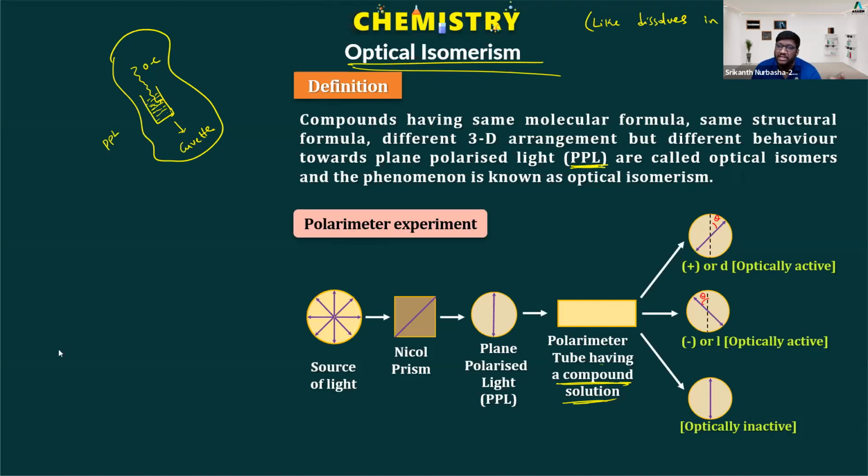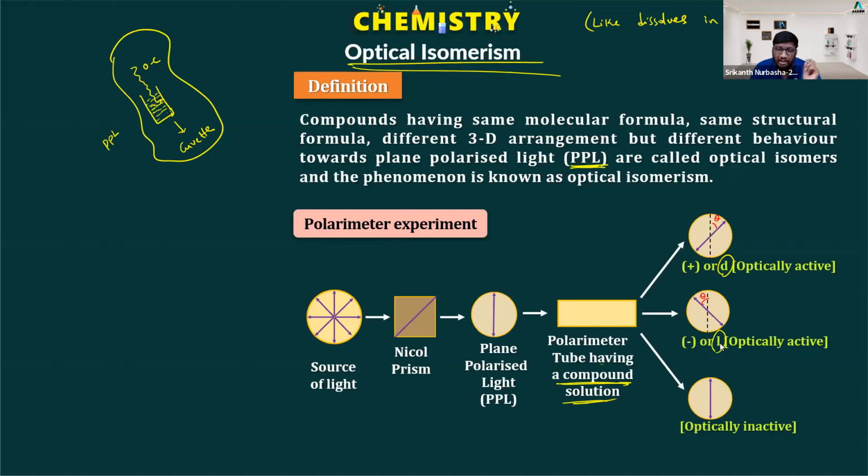If the rotation is in the clockwise direction, it is said to be dextrorotatory, indicated with a plus sign. If it is in the anti-clockwise direction, it is levorotatory, indicated with a minus sign. The small d and small l indicate optical rotation, that is dextrorotatory and levorotatory. If I write capital D and capital L, they are configurations.